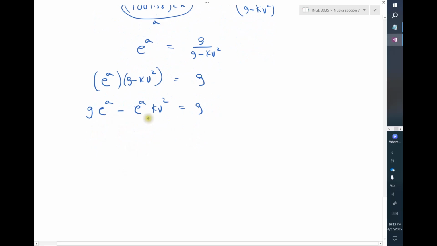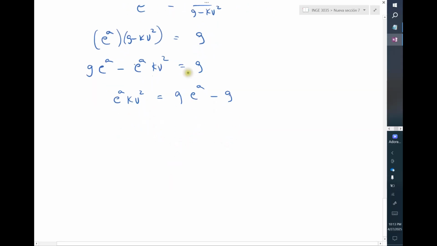So we need to solve again for this. So e to the a kv squared goes to this side, and this goes to that side, equal to g e to the a minus g. Getting better. So this goes this way, that's why it's positive, but this goes that way, that's why it's negative. Now I need to solve for that one.